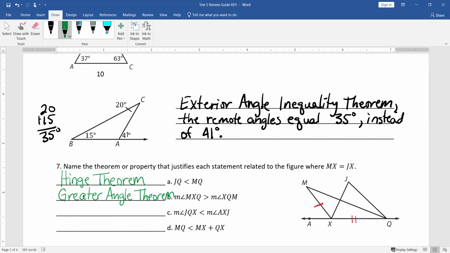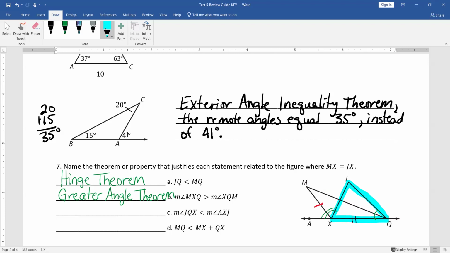All right, so the next one says the measurement of angle JQX, so that's this guy here, is smaller than angle AXJ, which is this one. So these two angles together, if we look at triangle XJQ, get it highlighted here, you'll notice that my first angle, my smaller angle, is an interior angle to that triangle, and the other one is an exterior.